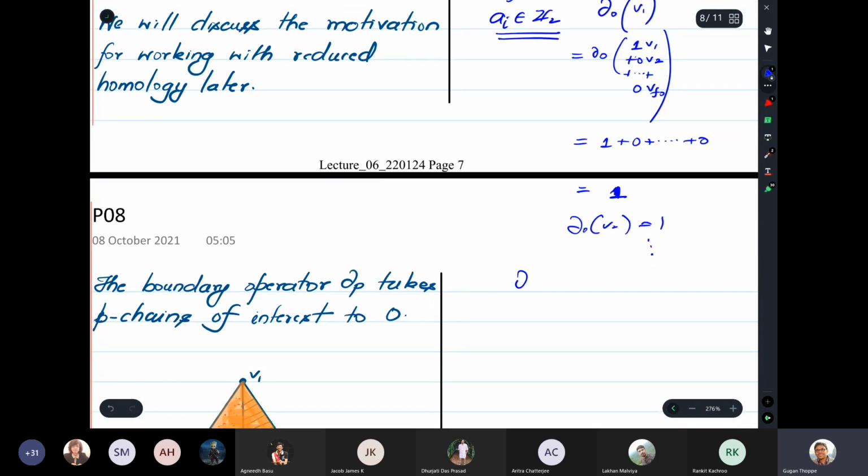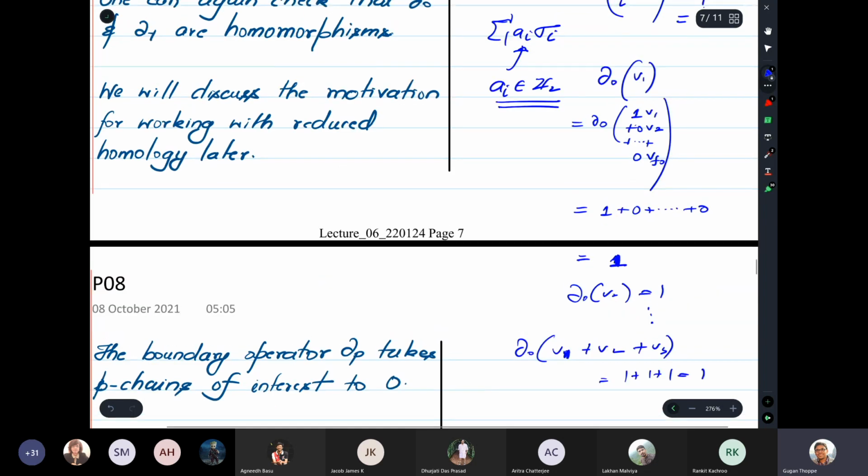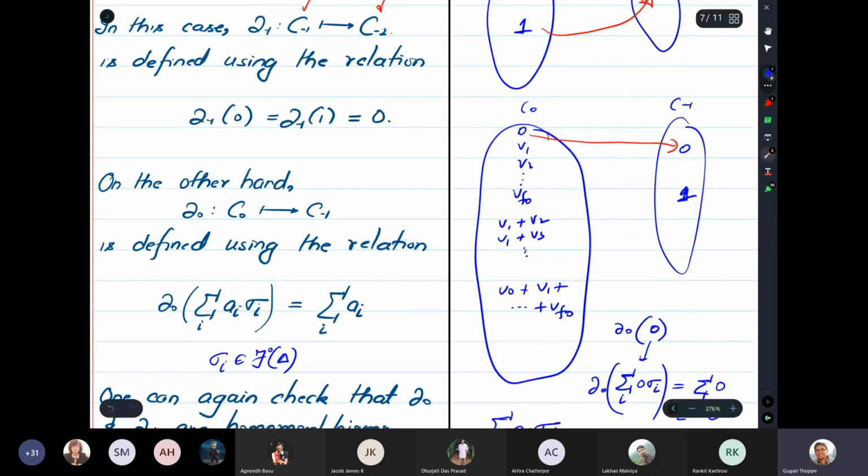On the other hand, if you take ∂0 of, let's say, v1 plus v2 plus v3, this will be 1 plus 1 plus 1, which is again 1. So all the single vertices, the zero chains whose support is only one vertex, will get mapped to 1.